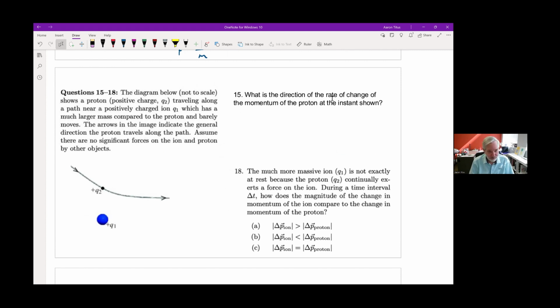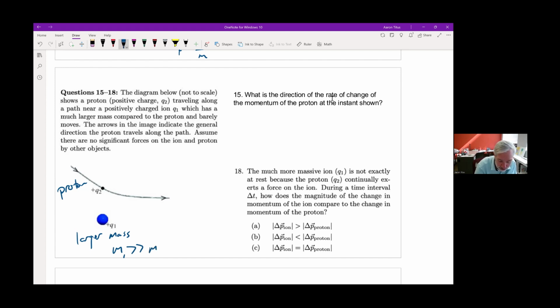What we have is a proton, which is Q2, and it's traveling along this path near a positively charged ion. And this is a much larger mass, okay? Much larger mass. So M1 is much greater than M2.